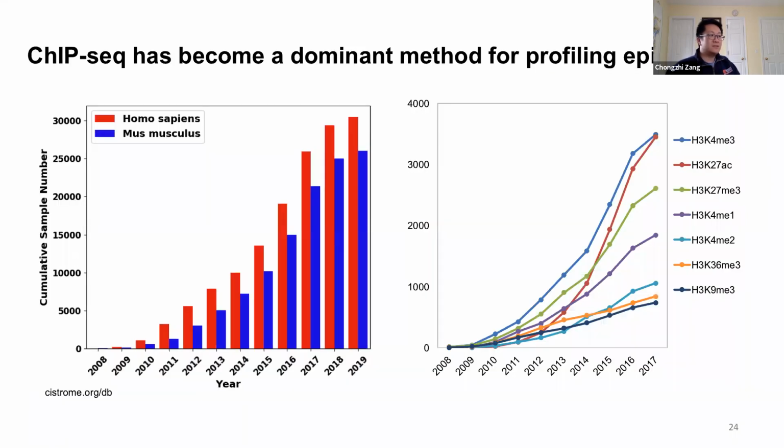So of course, ChIP-seq has become a dominant method for profiling epigenomes or all the protein factors across the genome. So this is the number of data sets, an incomplete collection of ChIP-seq data in human and mouse. You can see the number of data sets published every year increases dramatically.